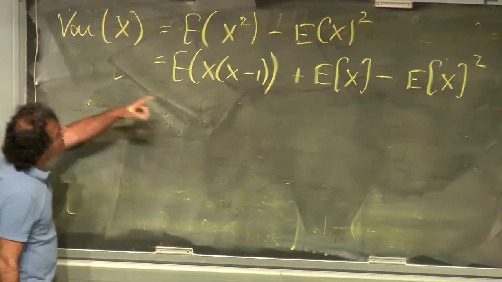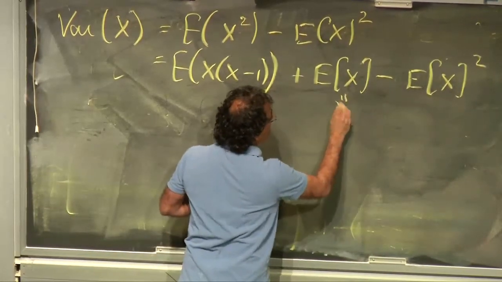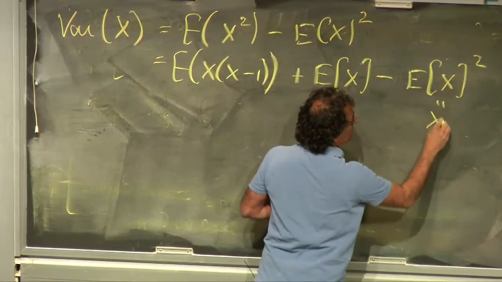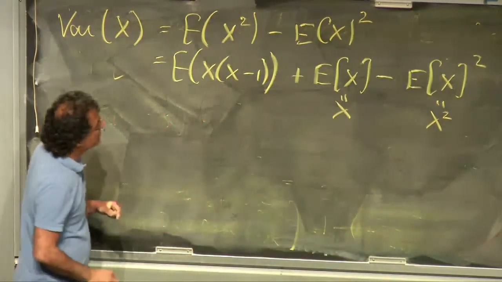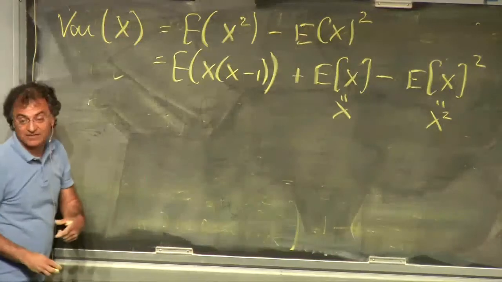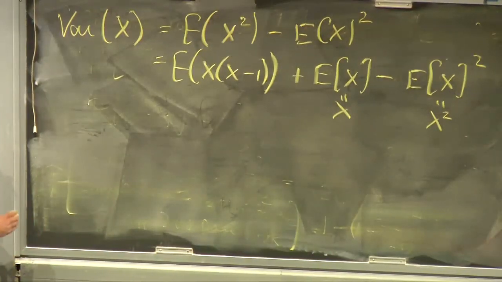So we know what this is. This is lambda. This is lambda squared. Okay. And now we want to know what this is. Right? So what's expected value of x times x minus 1?